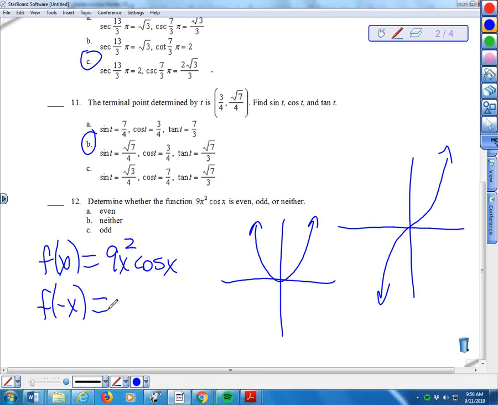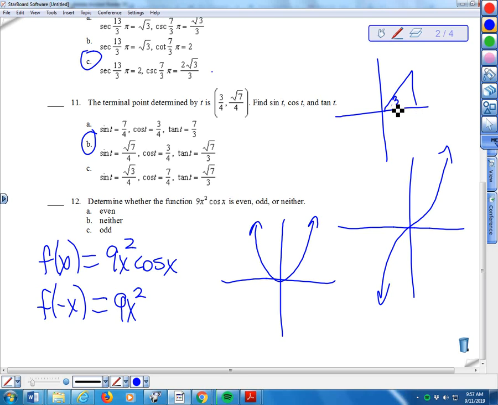If I get exactly the opposite of the function I started with, meaning the opposite sign, it's odd. If it's neither, then it's neither. So when I plug negative x in, negative x squared is just x squared. So what is cosine of negative x? This was one of those identities, properties that we talked about. But if you can't remember, just do a what if.